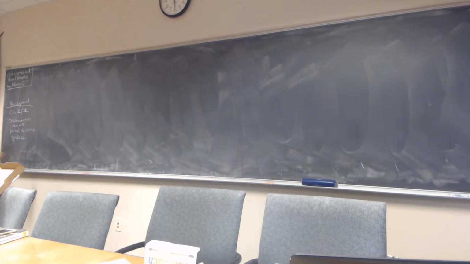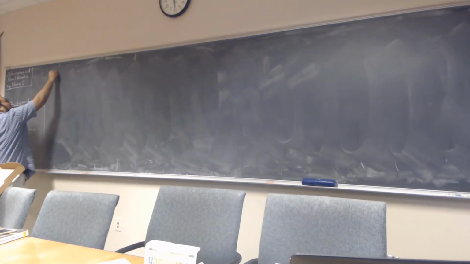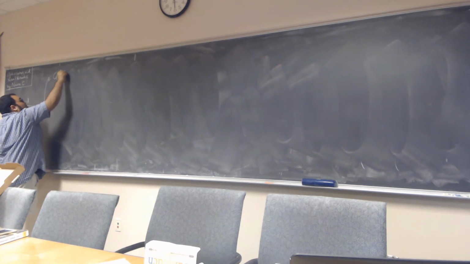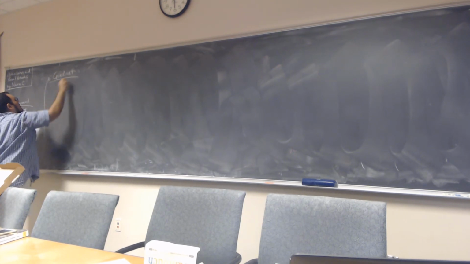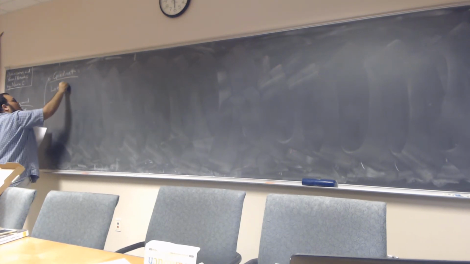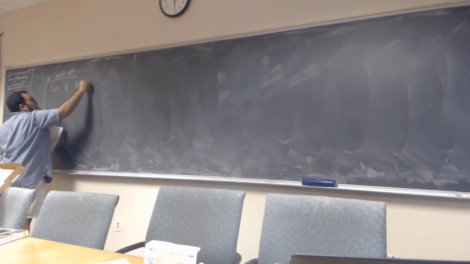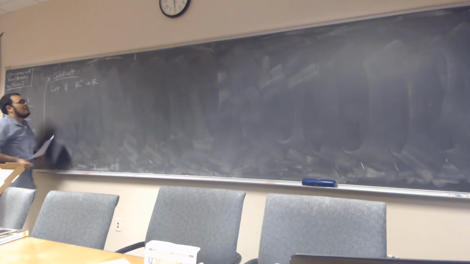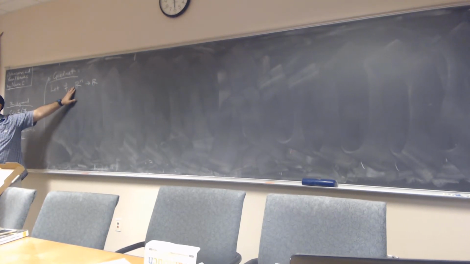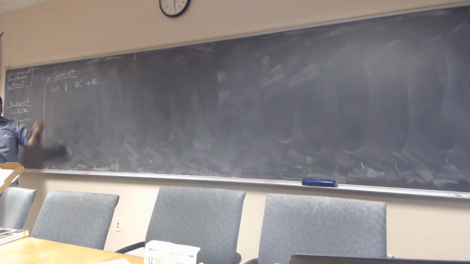Okay. Now, gradient. Let f be a function from Rn to R. So this is just an n-dimensional space of real numbers. You can think of them as points, n tuples.